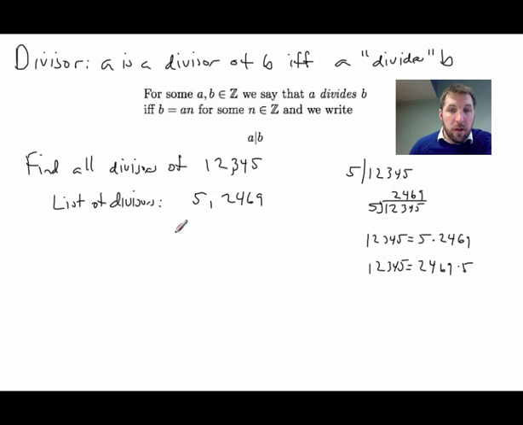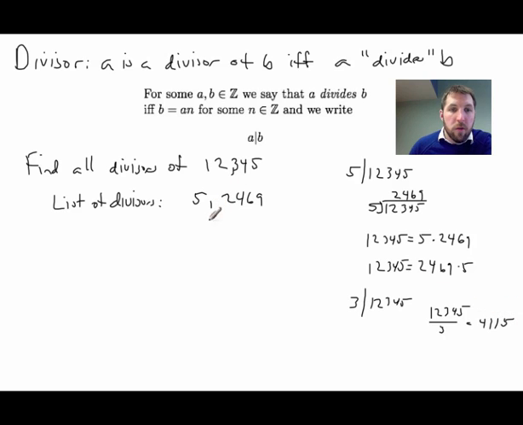So we know that 3 divides 12,345, and if we want to figure out that quotient, 12,345 divided by 3 is 4,115.